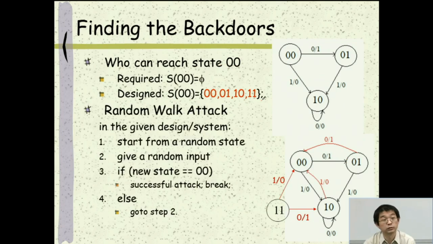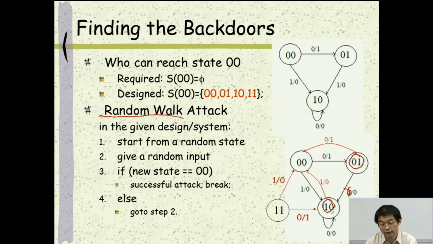To show this, we designed a very simple random walk attack. In this attack, the attacker is going to start from a random state, for example, 0, 1. And then he is going to try a random input, for example, 1 again. With this, the system will move him into state 1, 0. And then he will say, okay, this is not what I want, not state 0, 0.